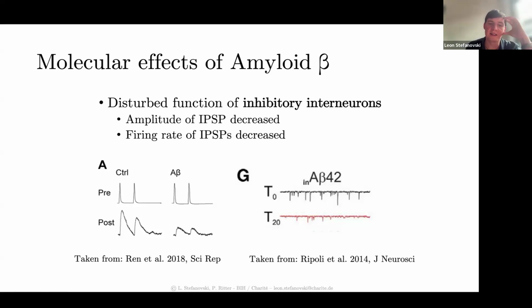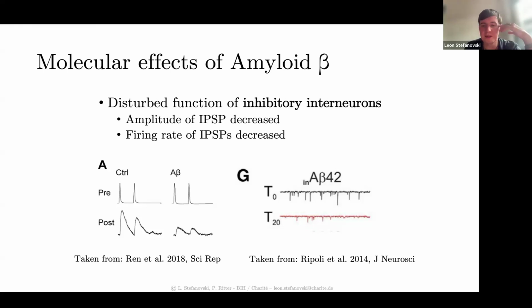So there were findings that amyloid beta leads both to a decreased amplitude of inhibitory postsynaptic potentials and also to increased firing rates.